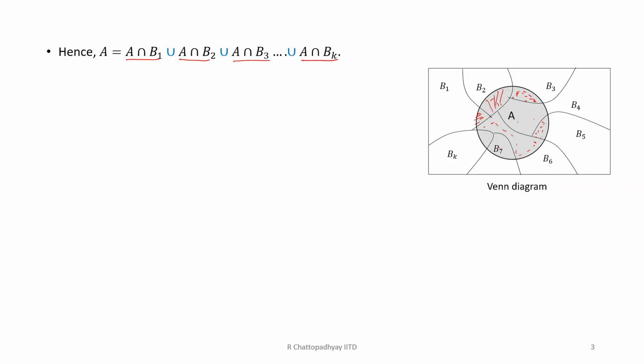K could be whatever the number is. So that is what A is. We can easily understand what A means from the diagram itself. The Venn diagram is a very useful and powerful tool in this case to understand. And the boundaries are also shown.